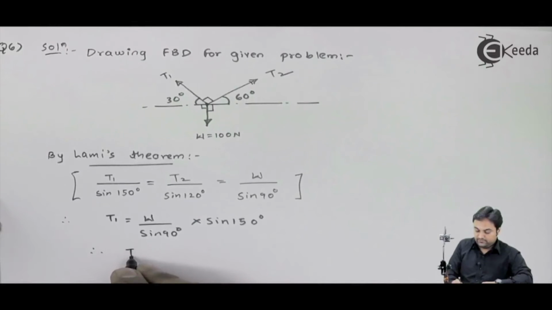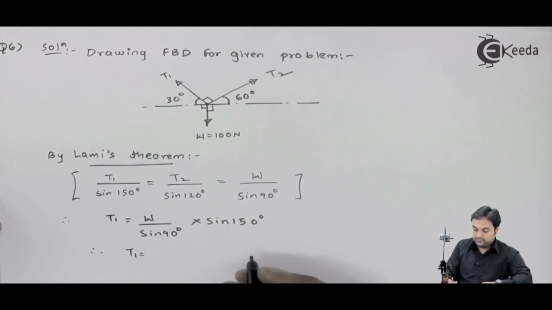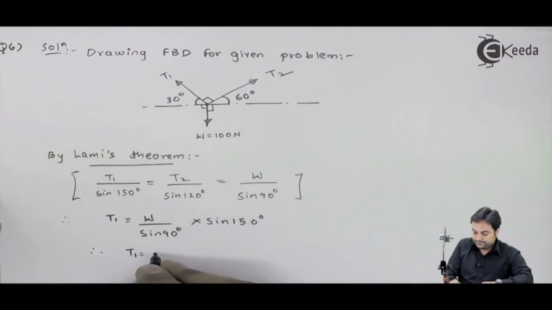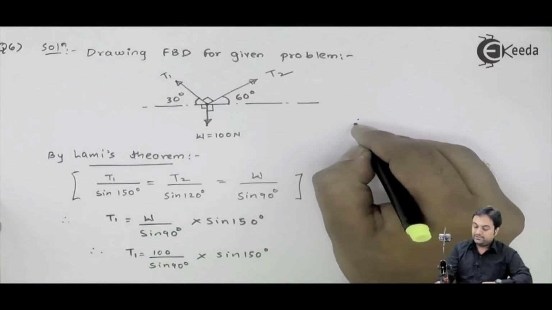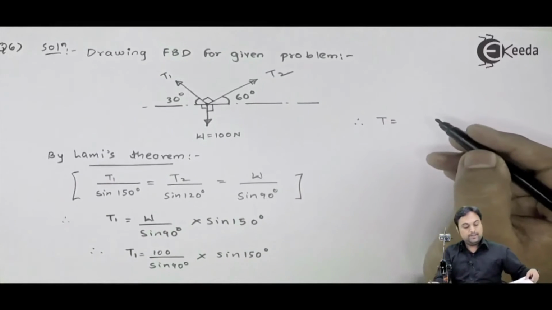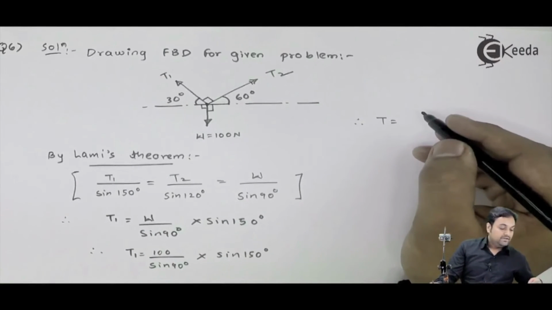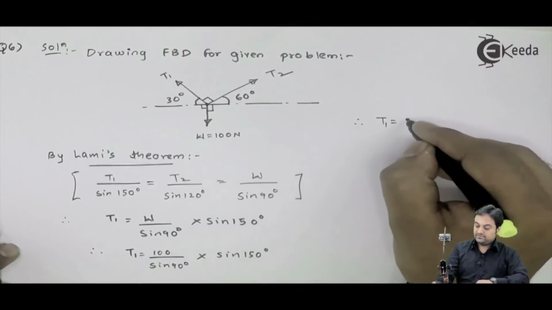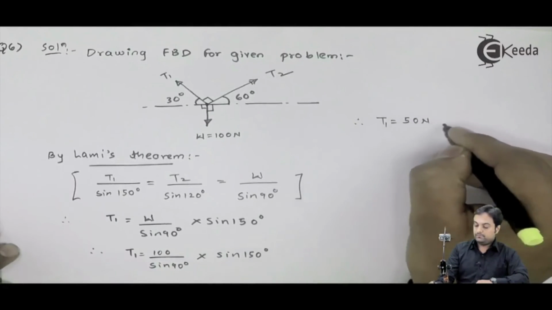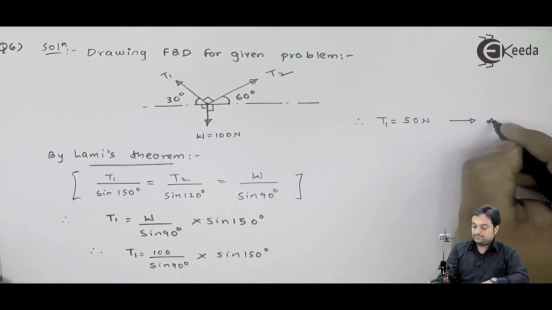Hence the value of T1, W is given to me, that is 100 Newton upon sine 90 into sine 150. So therefore I am getting my value of T. Therefore T comes out to be 50 Newton, which is T1. My value of T1 is 50 Newton. This will be my first answer.